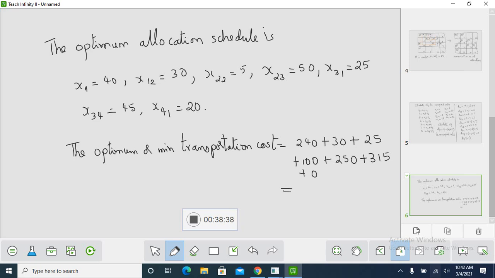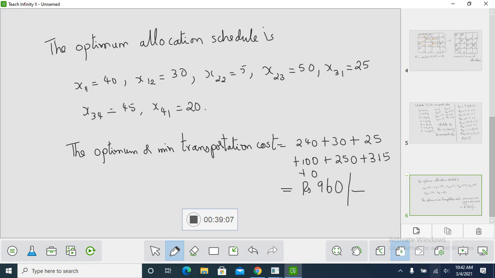So now we have 40 plus 30, 70, 95, 100, 110, 160. Then with this 160, 260, 460, 660 and 300. So 960. So the total is rupees 960. So this is the required optimum minimum transportation cost.